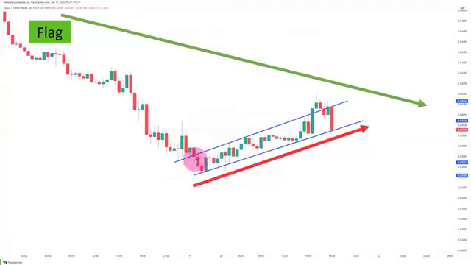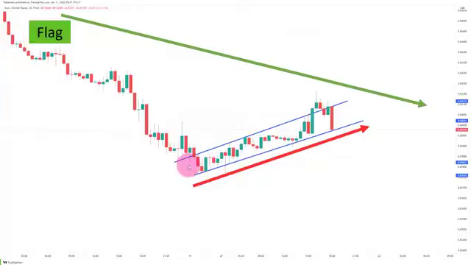And as we have talked about in the past, trends just don't move in one single line to the target. They go back and forth. And the flag pattern is going to help us to get into trend trades. Maybe we have missed the initial move of the trend, or maybe we want to add to our existing position. So what happens is you see that the trend direction is downwards.